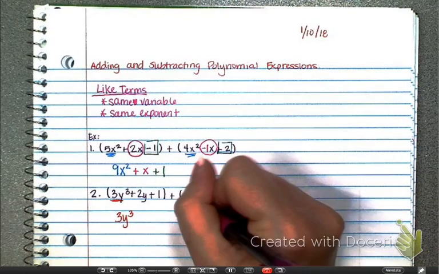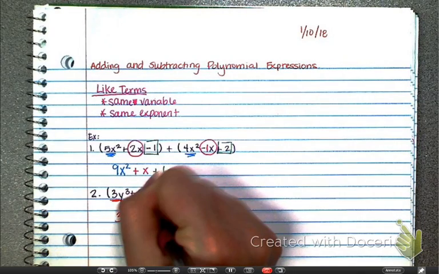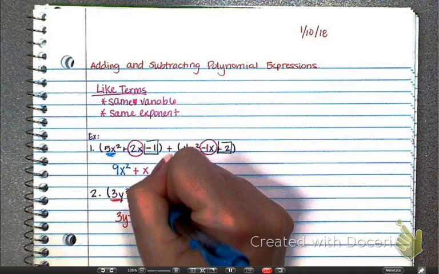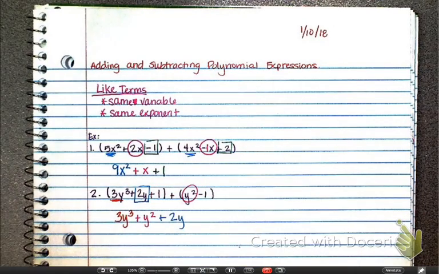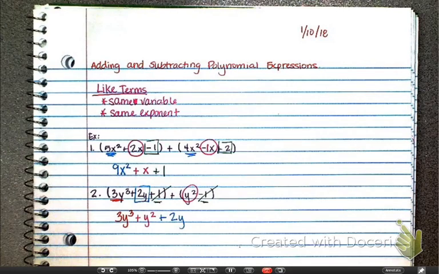From there I see a y squared. It's the only y squared I see, so I'm going to rewrite that as well. Then I have a 2y. Again, there's nothing to combine it with, so you rewrite it. And finally, I have a positive 1 minus 1. Those terms end up canceling, so my final answer is 3y to the third plus y squared plus 2y.